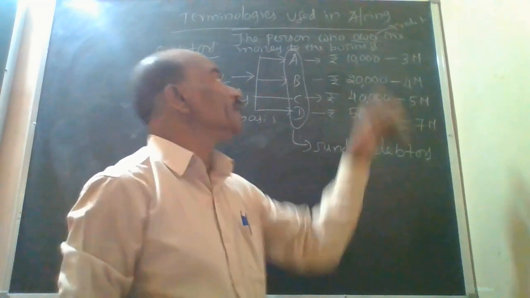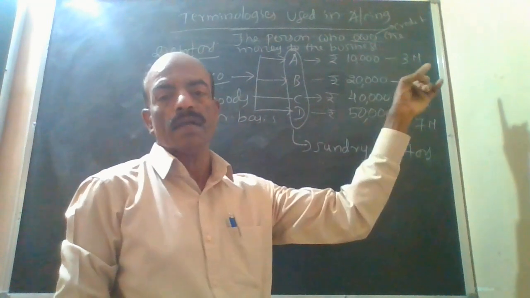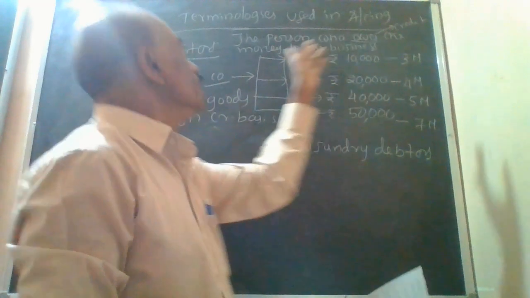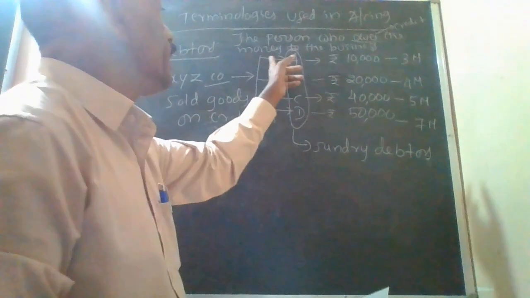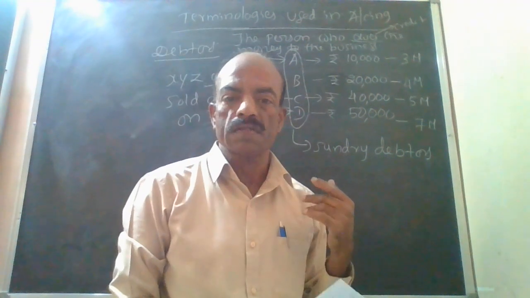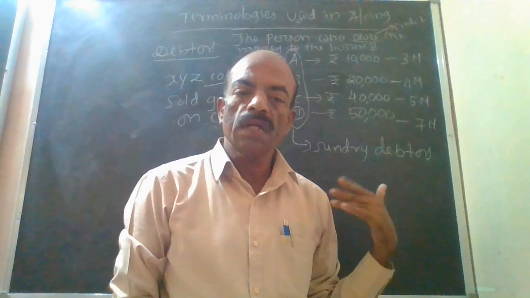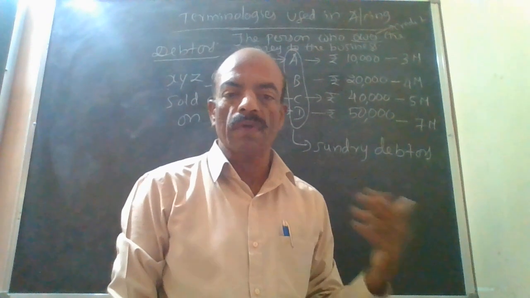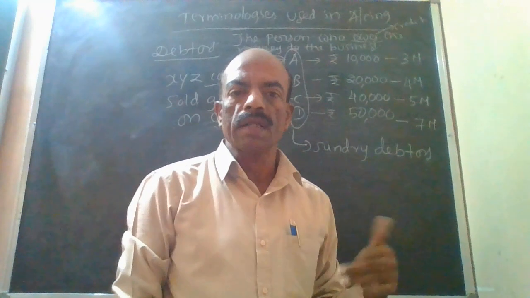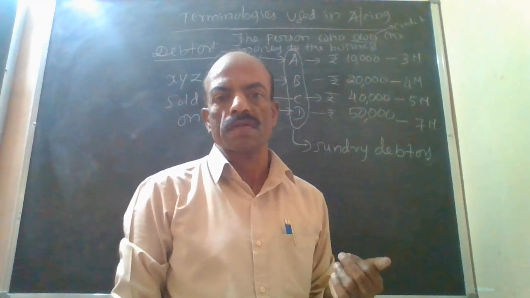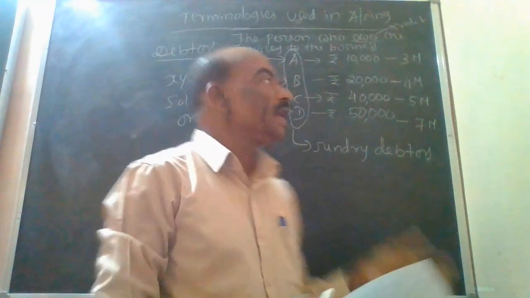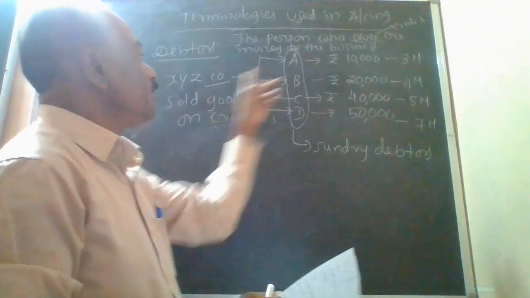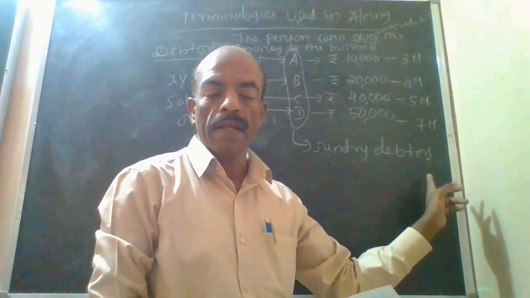Sundry debtors means the person who owes the money to the business, our business. In other words, the person from whom we have to collect the money is called debtors. For XYZ company, A, B, C, D are the sundry debtors.